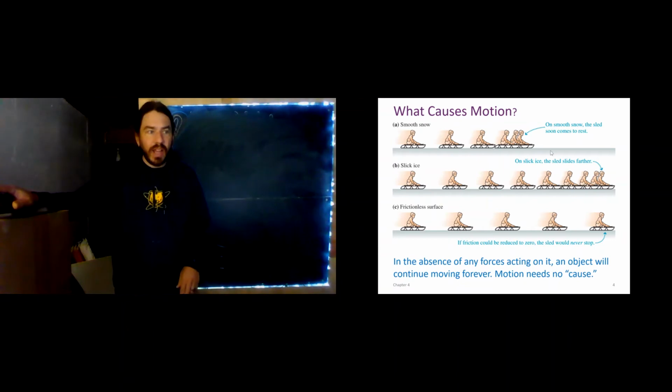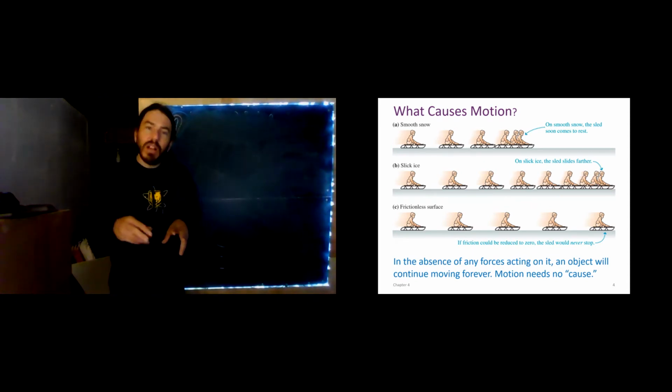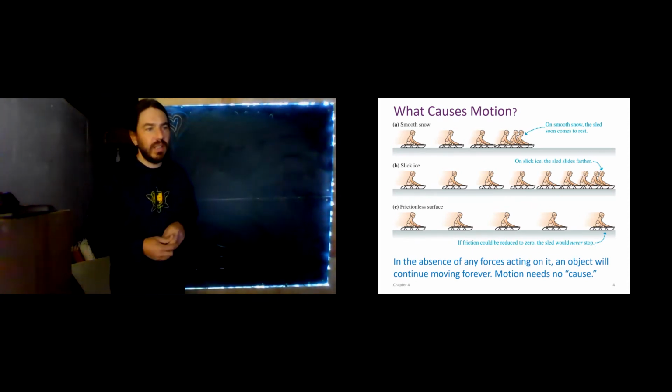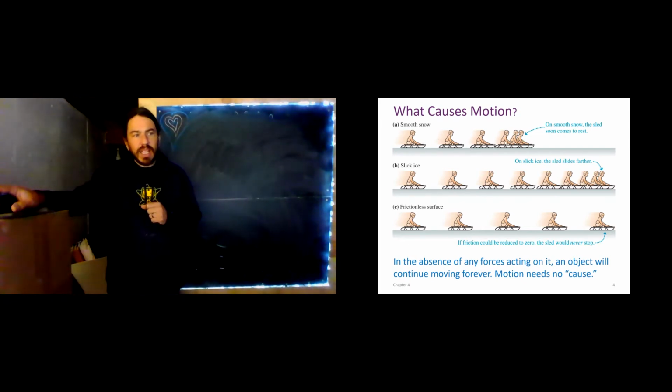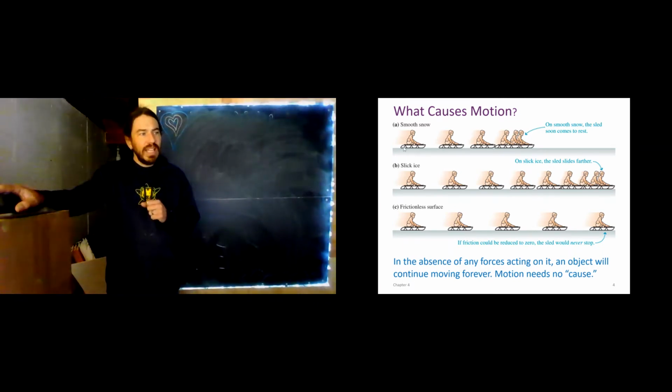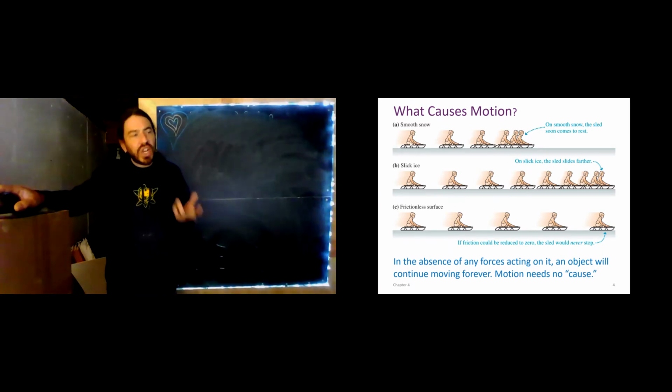So, fast forward to Galileo in the 1600s, right? And we've already met Galileo in a previous lecture. But Galileo was one of the first people to really put an emphasis on experiment. He had these experiments with inclined planes, and he was rolling balls down them. It's all very interesting. But he came up with this thought experiment. He didn't quite use this language. But he said, what if we've got a child sliding on really smooth snow, and I give this child a big push.